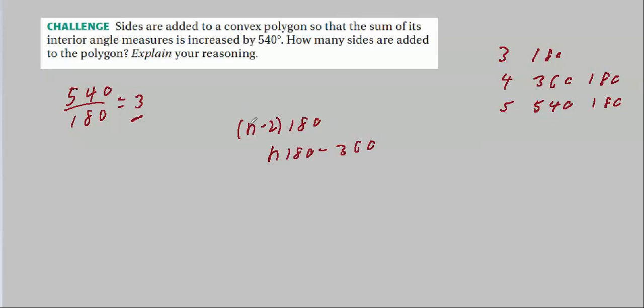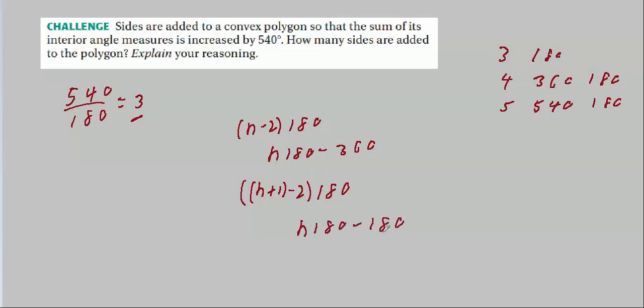Suppose I add 1 to n, so now it's n plus 1 from the original n minus 2 times 180. Well, now I'm going to get n minus 1 times 180, or n times 180 minus 180.